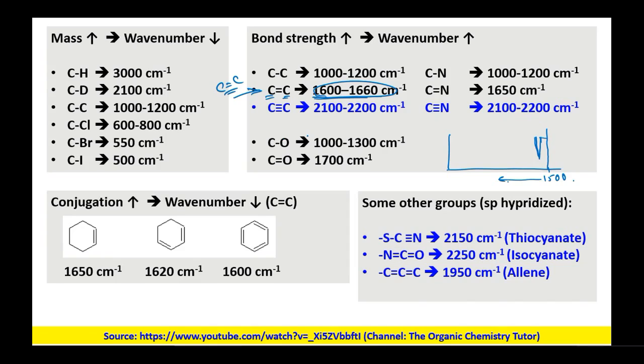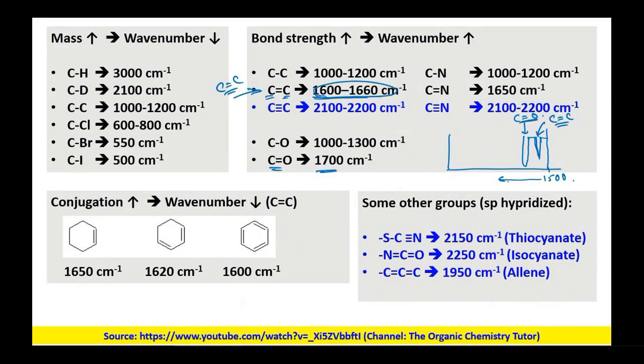Then as you move slightly forward, you get C double bond O at around 1700. However, this C double bond O is a polar bond, so you will be getting a peak like this. See, C double bond C, C double bond O, you will be getting a big peak. You're getting my point.